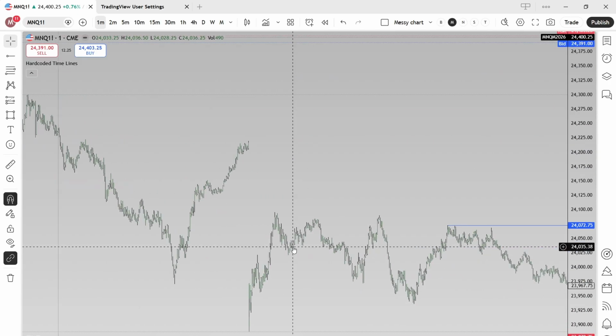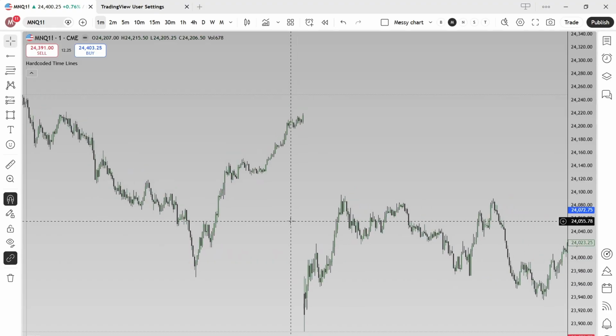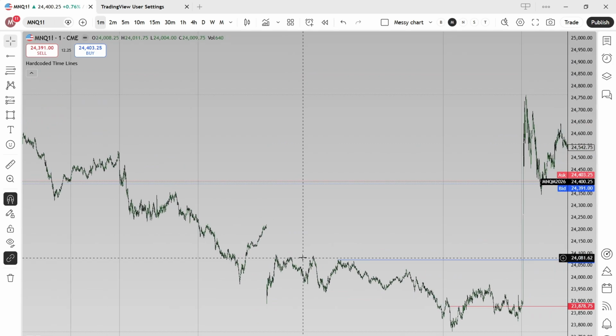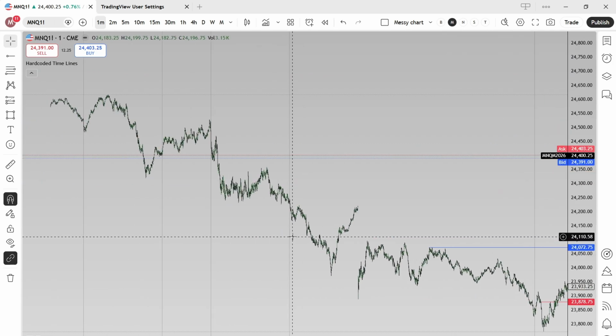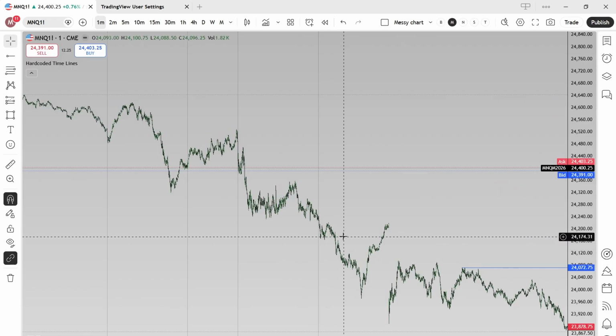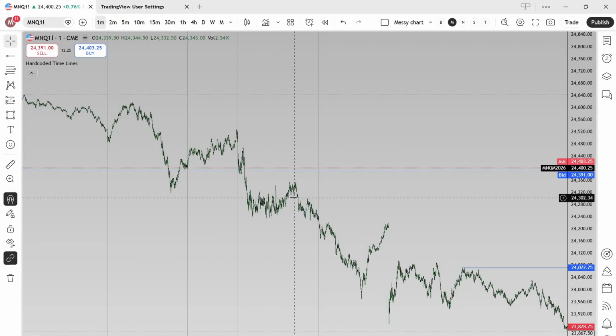Gaps like this are always good targets. So you could have taken off a contract at the midpoint of this gap. You don't need the whole thing. And then we go to here. This is New York session.